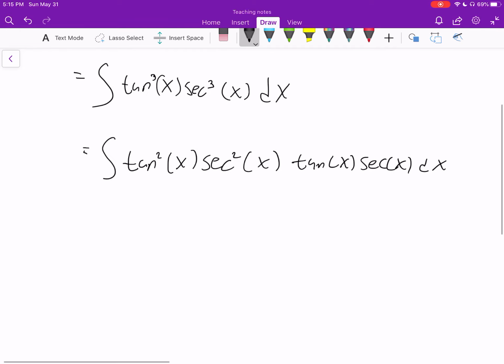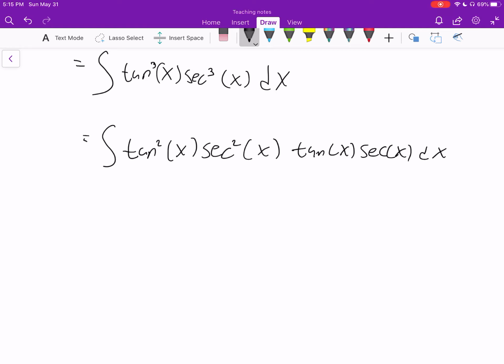Now right here, this is the derivative of secant, of course. So if I want to do a u substitution, I'm going to need to let u be secant x. So I want to write everything in terms of secant.